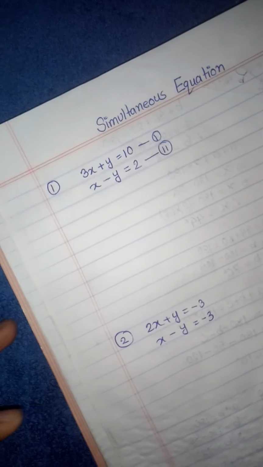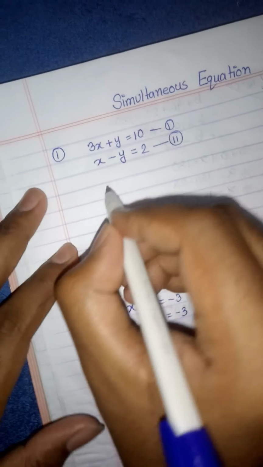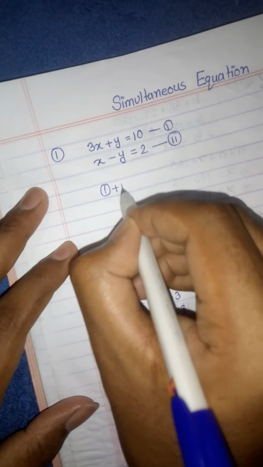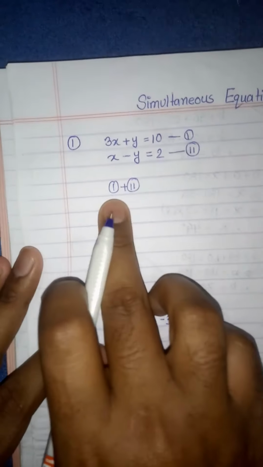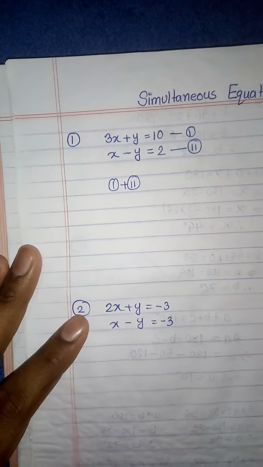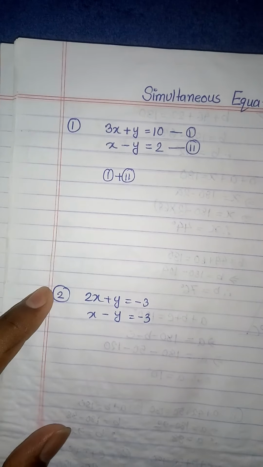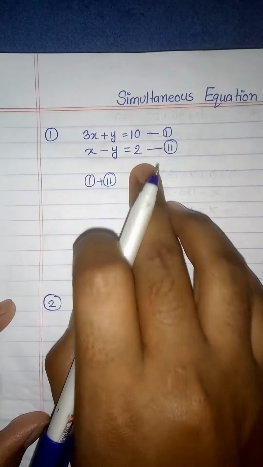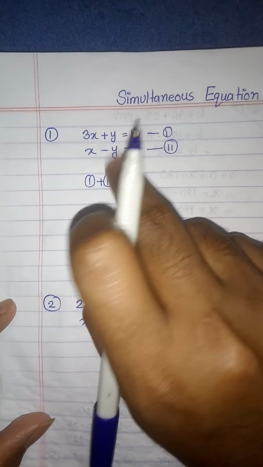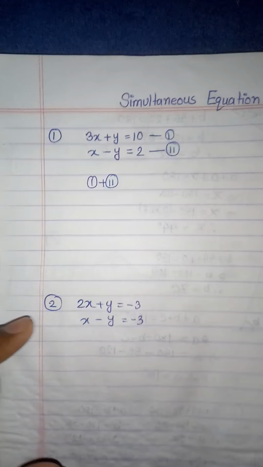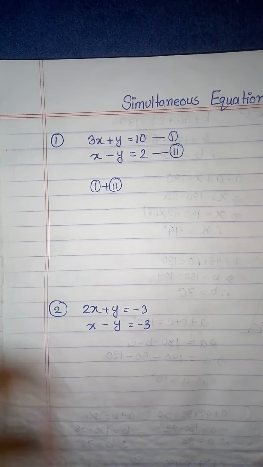So now first of all we need to write here 1 plus 2, that is equation 1 added to equation 2. Okay, so why are we adding it? Because when you add these two equations, minus y and plus y will be omitted.